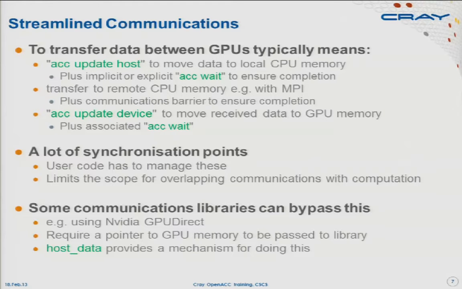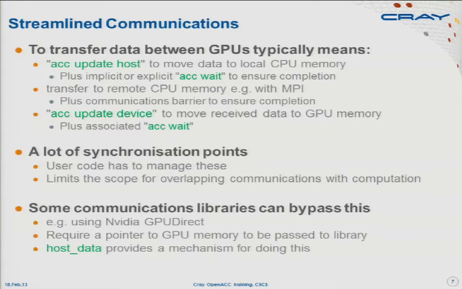I talked already about streamlined communications. If you want to get the data to move directly from the GPU to another GPU using MPI, what you do is you put the MPI calls and you want to pass in a device, a GPU memory pointer as the send buffer rather than a CPU memory pointer. So basically the code looks exactly the same as it did on the CPU, except you put the host data region around the MPI call so that the buffer A will now be an address in GPU memory.